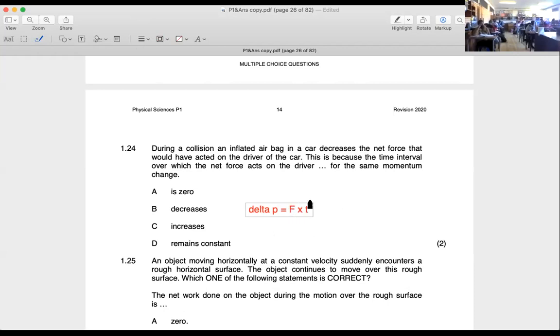So if we increase the time, we decrease the force. Time and force are, remember we said, inversely proportional. If you've got force and time on the same side of an equal sign, that means their relation is inverse. So we increase the time to decrease the force. Okay, so I hope that makes sense.